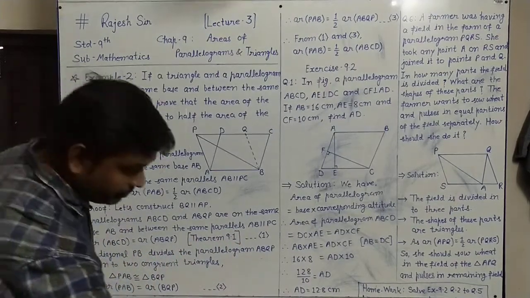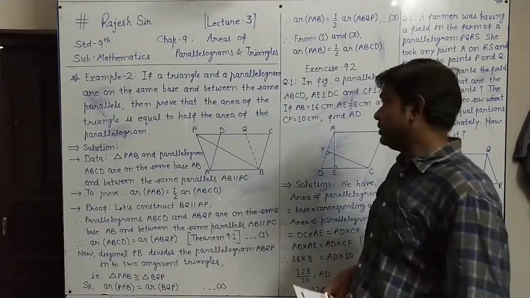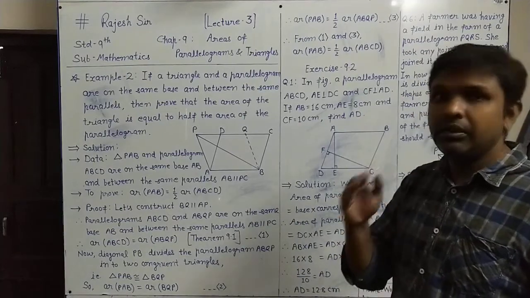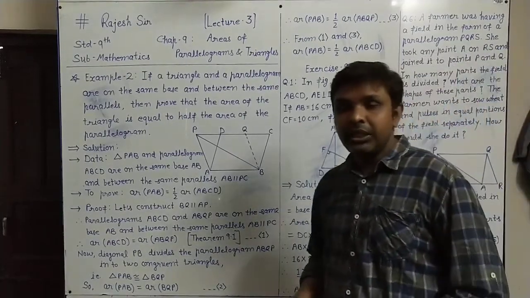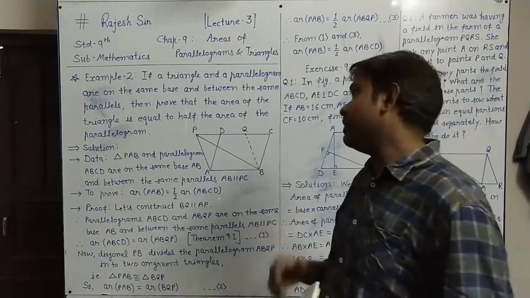Now next, in chapter 8 we have seen that if a diagonal is drawn on a parallelogram, it bisects the parallelogram into two equal triangles, two congruent triangles.